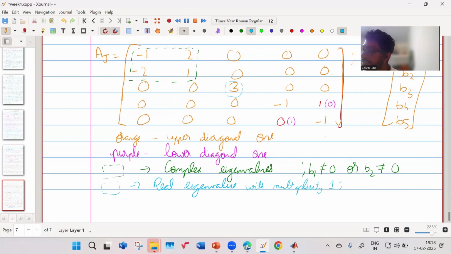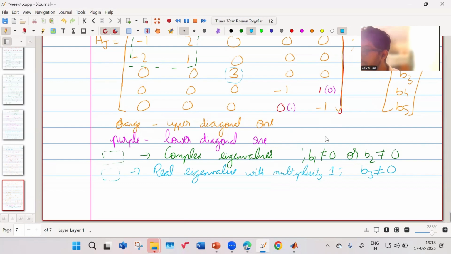In this case, we can say that B3 should not be equal to 0. If B3 equals 0, this mode is uncontrollable. You cannot control this subsystem. But if B3 is not equal to 0, then you can control it. So for this part, B3 should not be equal to 0.